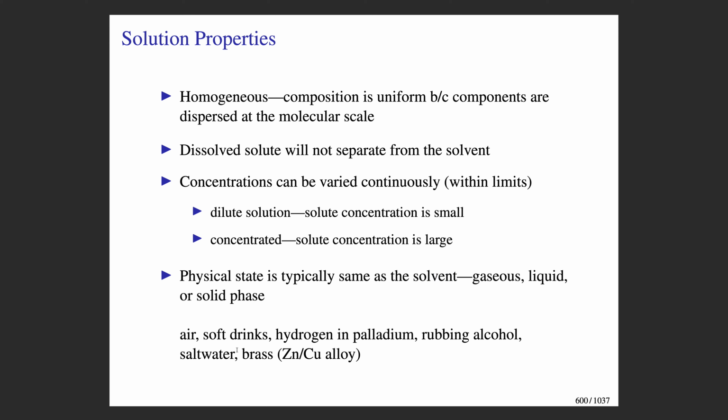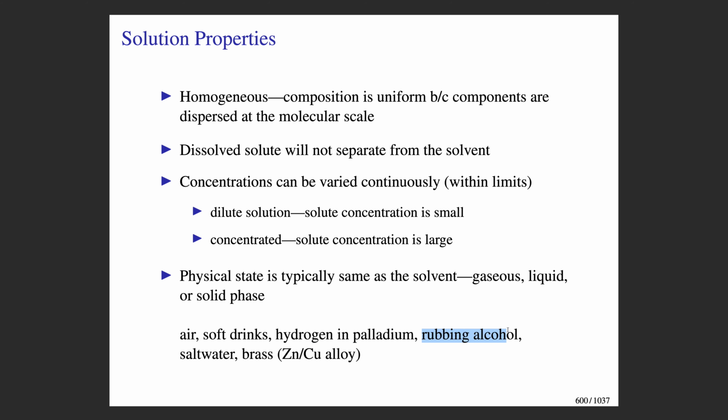Here are some examples of solutions. Down here, air, as I mentioned, mostly nitrogen, but there's also oxygen, of course, carbon dioxide, and trace amounts of other gases. Soft drinks, so you're going to have sugar, water as the solvent, and you'll also have dissolved carbon dioxide as well. Here's an example of a gas that's dissolved in a metal, a palladium surface that has hydrogen gas dissolved in it.